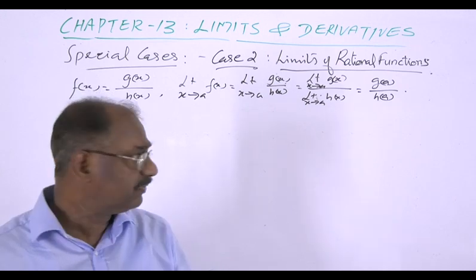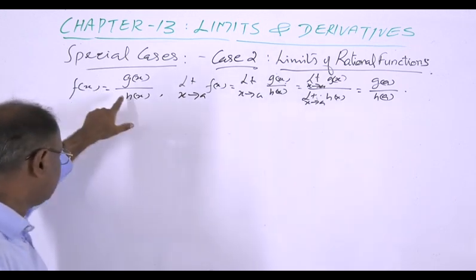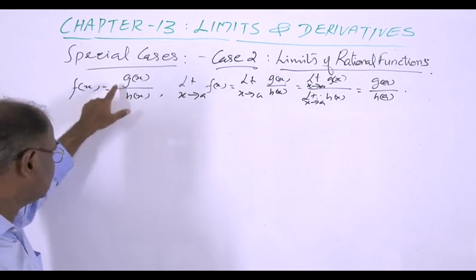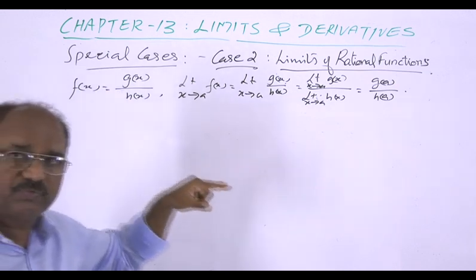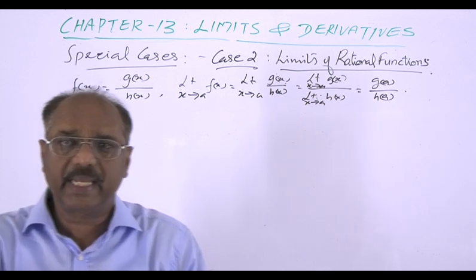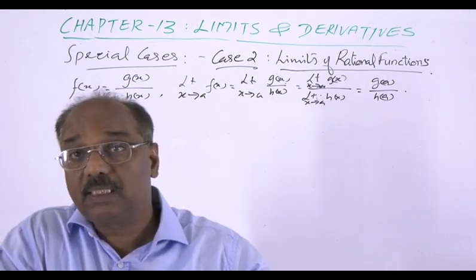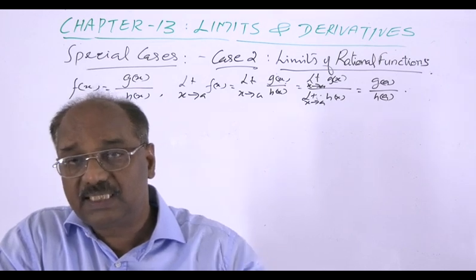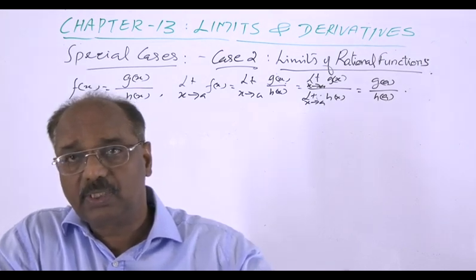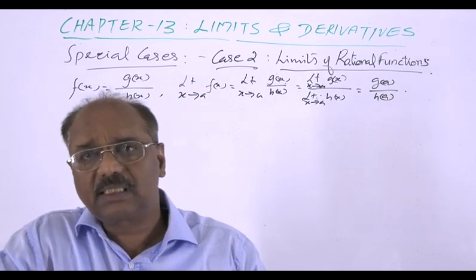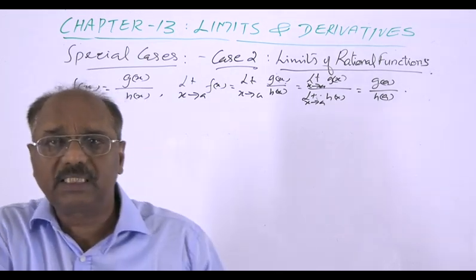And we can identify that situation at the very beginning itself. When we see this f(x), which is g(x) by h(x), and we want to find the limit as x tends to a, at once in our mind comes the situation of h(a), when we substitute x equal to a in that h(x), we may see that h(x) becomes 0 when x equal to a.